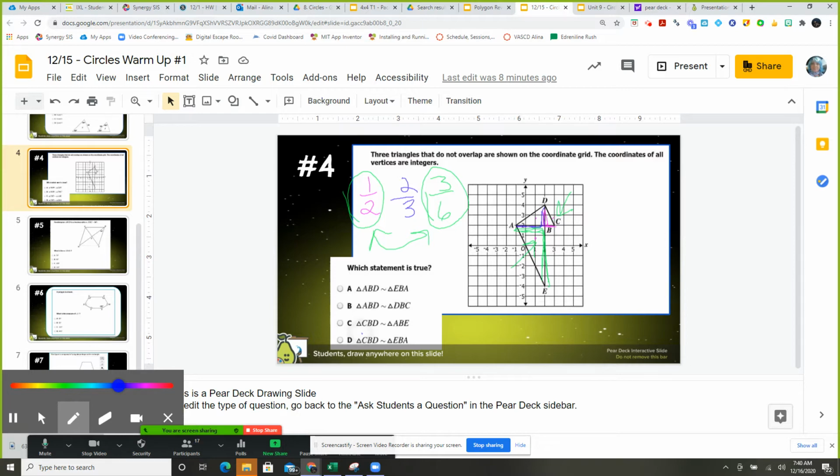I see CBD and CBD, and then ABE and ABE. What's different about these two choices? It's one of those two choices, because I have CBD, CBD, and ABE or EBA. How do I decide between those two?